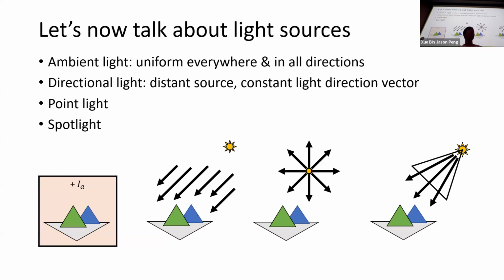If the point is outside of this range for the light source, then it's not going to receive any light. And in practice, you'll use a mixture of these different light sources in a scene in order to create the particular lighting conditions that you want for your scene.